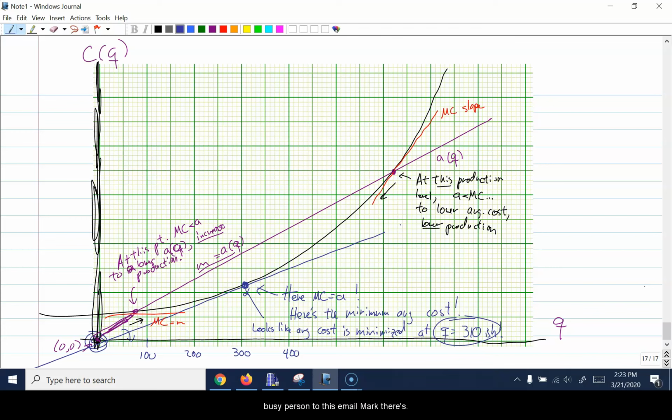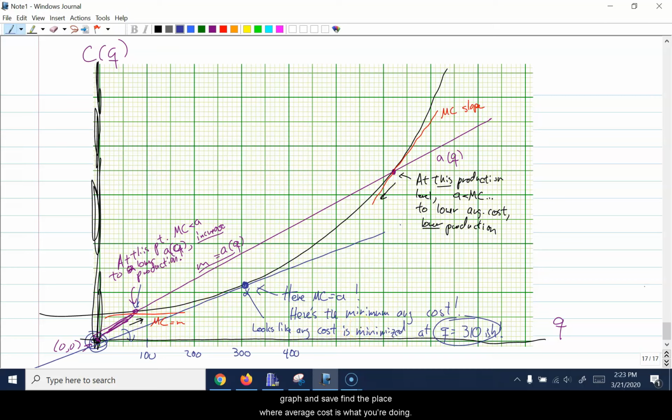There's two versions of this in the homework. I've given you a graph. Tell me at this point, what's the marginal cost, what's the average cost, which is bigger, what does that tell you in the Goldilocks? It's telling you should increase the Q or whatever. Or, I will hand you a graph and say, find the place where average cost is minimized.